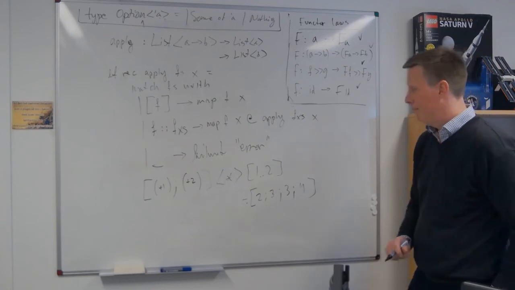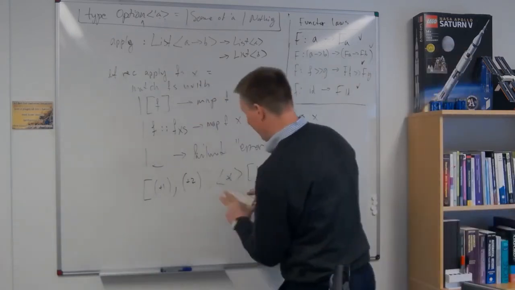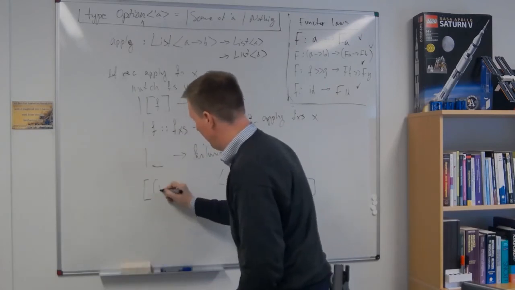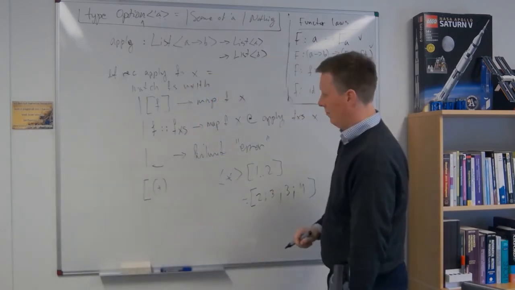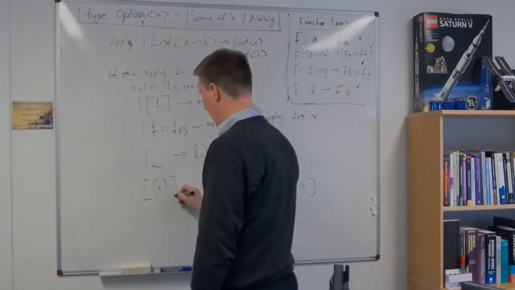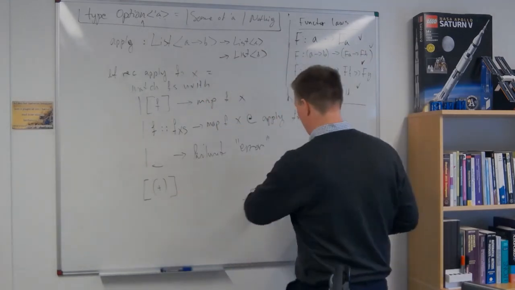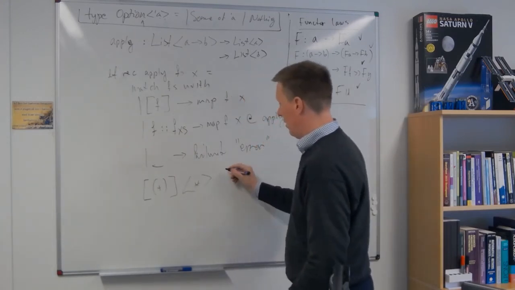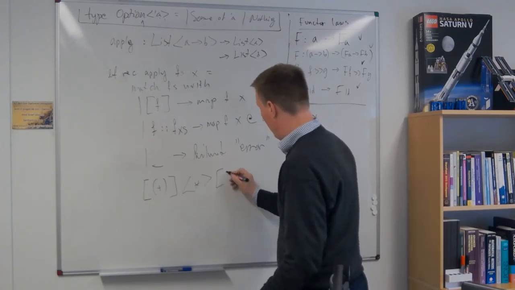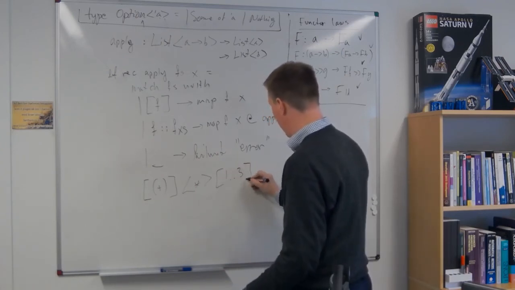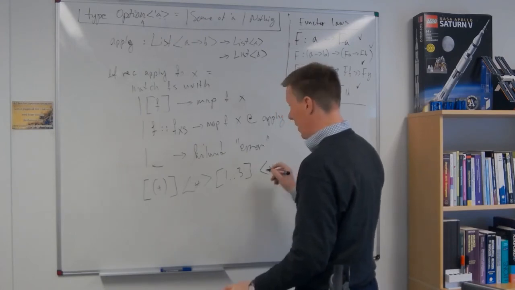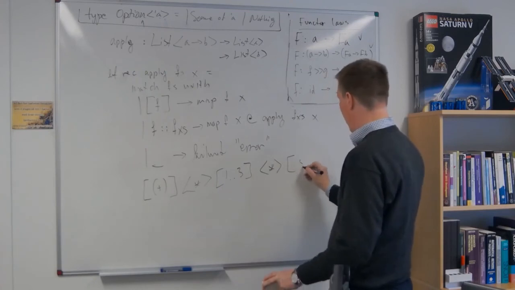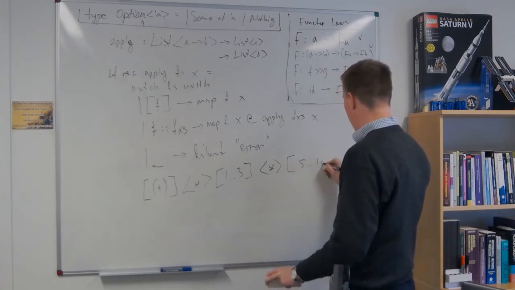All right. Well, we could also do something like this. And now we can apply this to 1, 2, 3, and then we can apply that to, since this is now a function of 2 variables, the list 5 to 10.